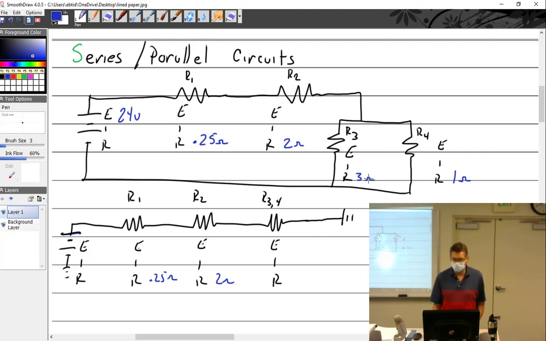So we're just going to solve for this parallel circuit right here, all by itself, almost as if I was looking at it, and saying, well, what is the E, I, and R total of this circuit right here? So we can start by, well, what is our total for 3 and 4?